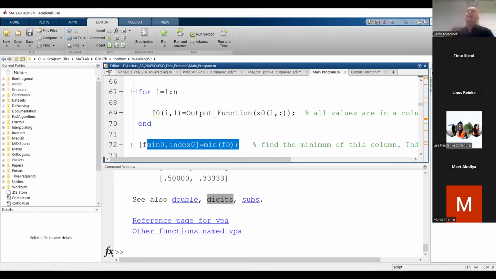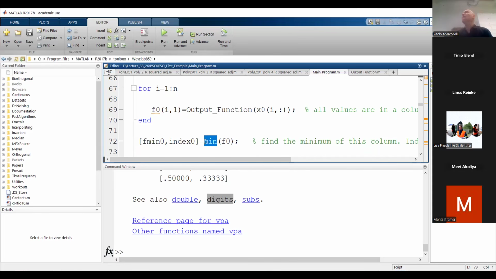Okay, now I will calculate the minimum once I calculate the position. For each particle, I have a vector with length equal n. And then I will calculate the minimum, this is a function of MATLAB, of this vector, and I can save the value of the minimum in the first element of this vector and its position.